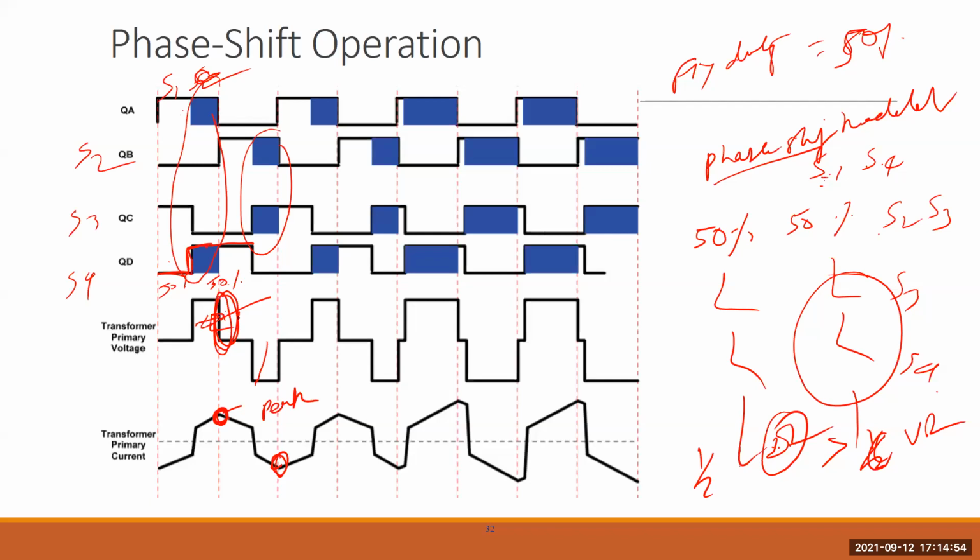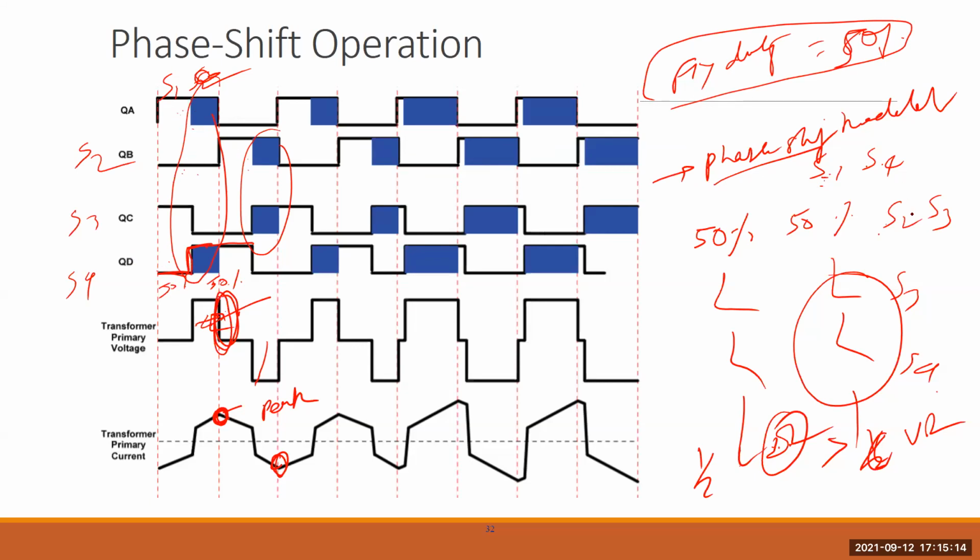Because of that you are able to extend the soft switching range compared to duty cycle modulation, by using a fixed 50% duty but phase shift as the load changes. The phase shifting between S1, S2 remains fixed, 50-50 and complementary.